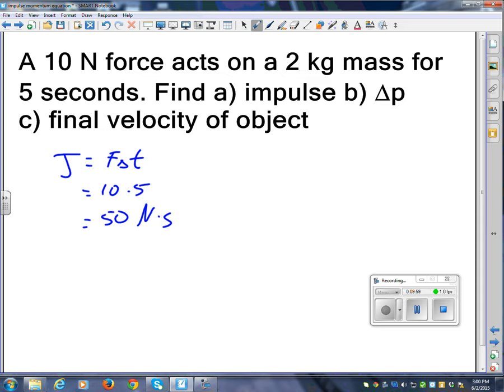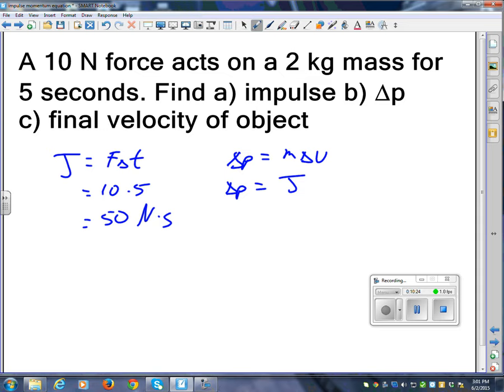Newton seconds, so it's NS? You don't need it, but it's more commonly used. It just means multiple. It's kind of like the unit symbol for multiplication. So what is the delta P? Momentum. Delta P is the other side of the equation, so delta P is equivalent.